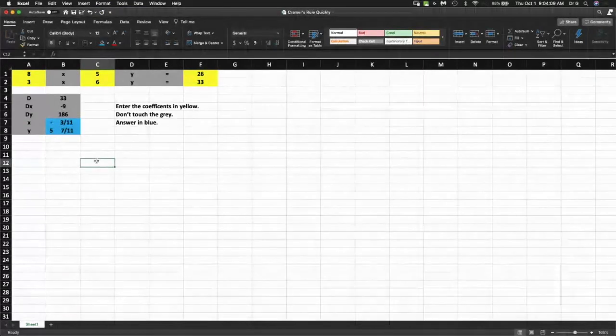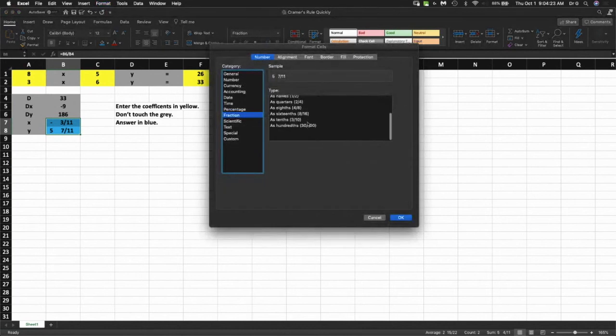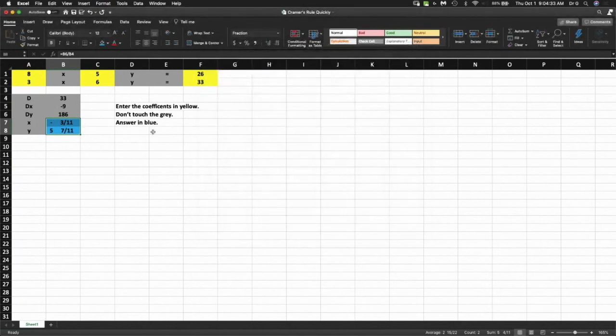Boom. There it is. Now it reads a little funny here, but that's -3/11ths, and that's a proper fraction. That's 5 and 7/11ths. I don't like proper fractions, so hopefully they have it without proper. And sadly they don't. So we could fix that if you want.